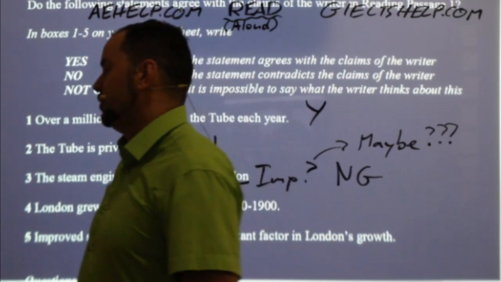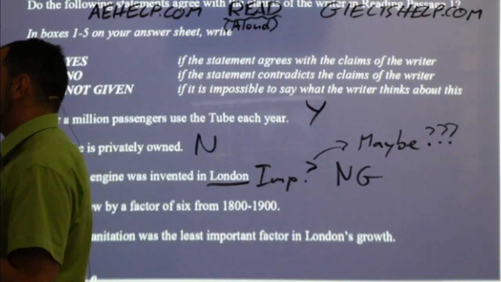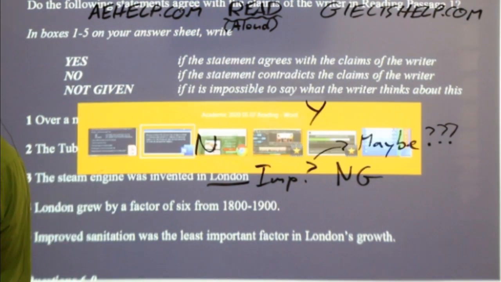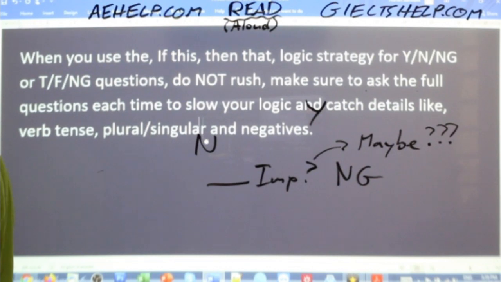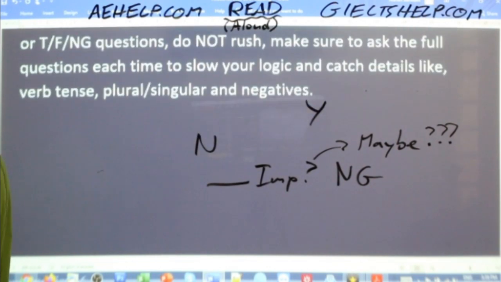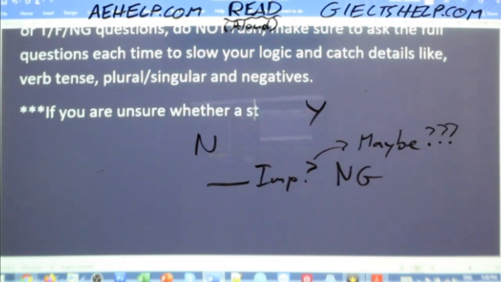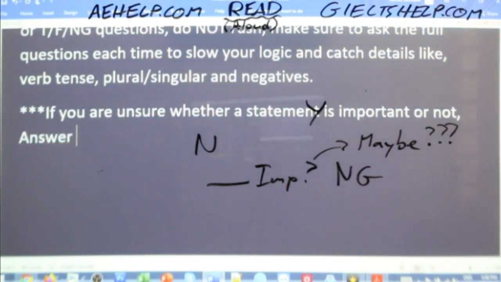Okay, I'll tell you what to do. Some of you are saying, I read the text again. Not right now, Elena, not right now. Okay, so this is what you want to do. If you are unsure whether a statement is important or not, answer not given.